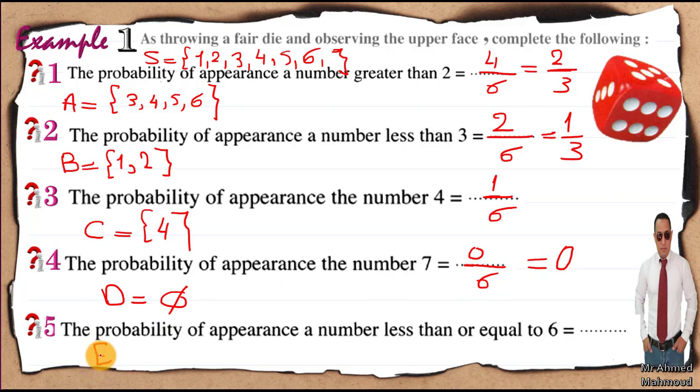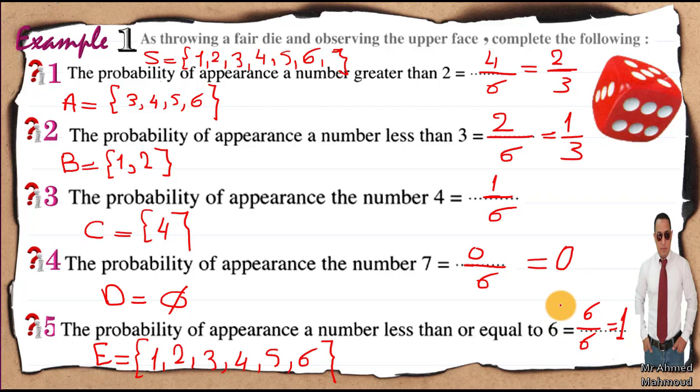Now this is event E, the probability of appearance of a number less than or equal to 6. So E equals 1, 2, 3, 4, 5, and 6. So it equals 6 over 6, or 1.